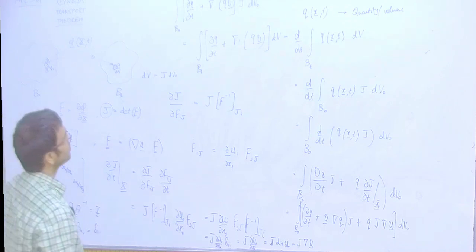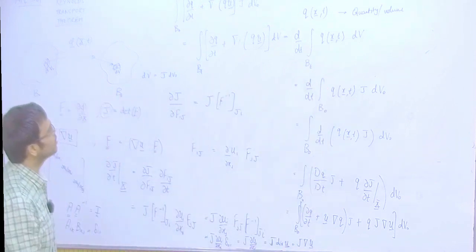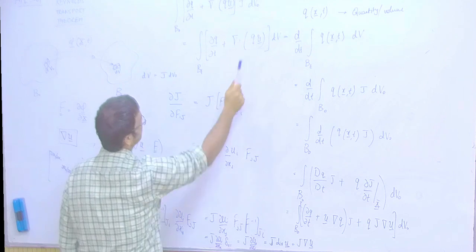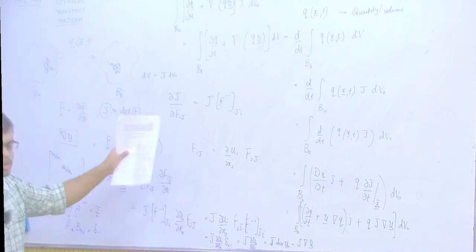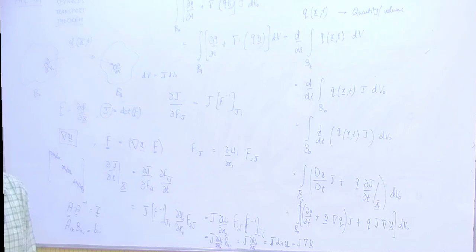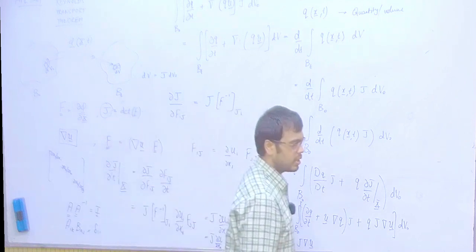But yes, the time rate of change of the integral of q dV over B of t is actually equal to this term. The integrand can be modified like this, and this is the definition of Reynolds transport theorem.